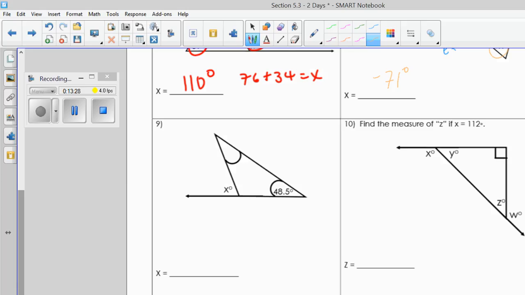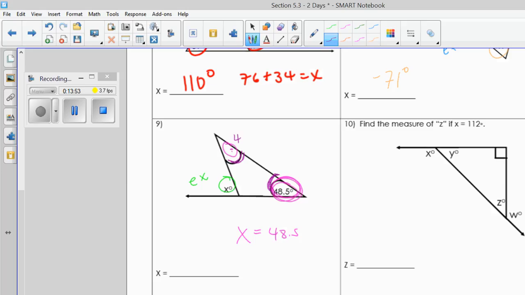So take a look at number 9. We're solving for the value of X. X is an exterior angle. These two angles right here, here and here, are the remote interior angles. So we can set up our formula: X equals our two remote interior angles, 48.5. Well, that's this angle. What's this angle up here? Because they have the same arc marking here, they're congruent.